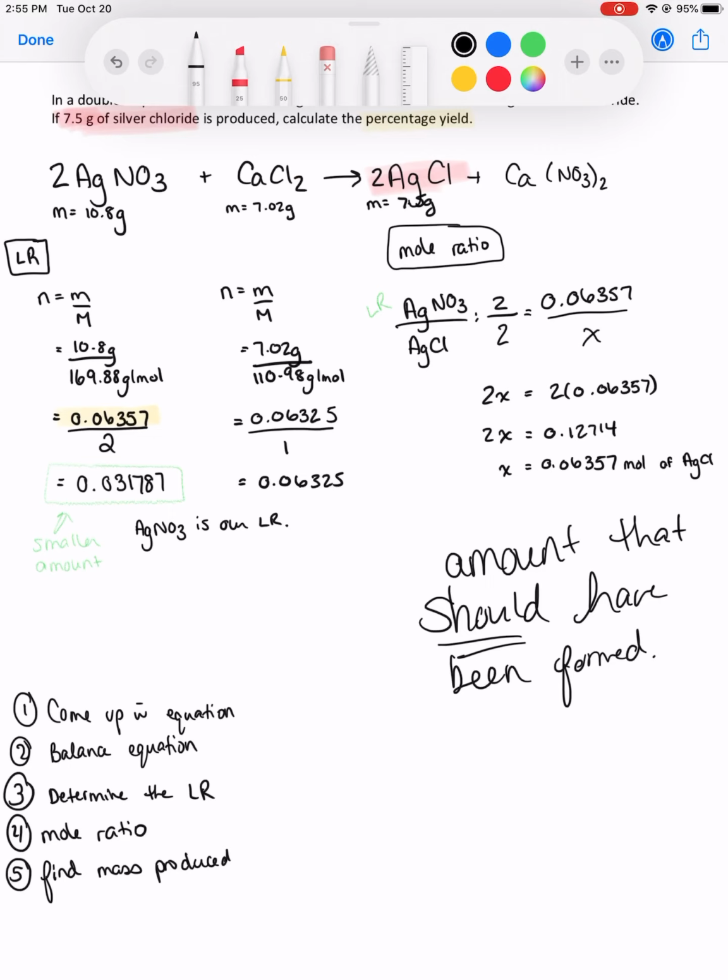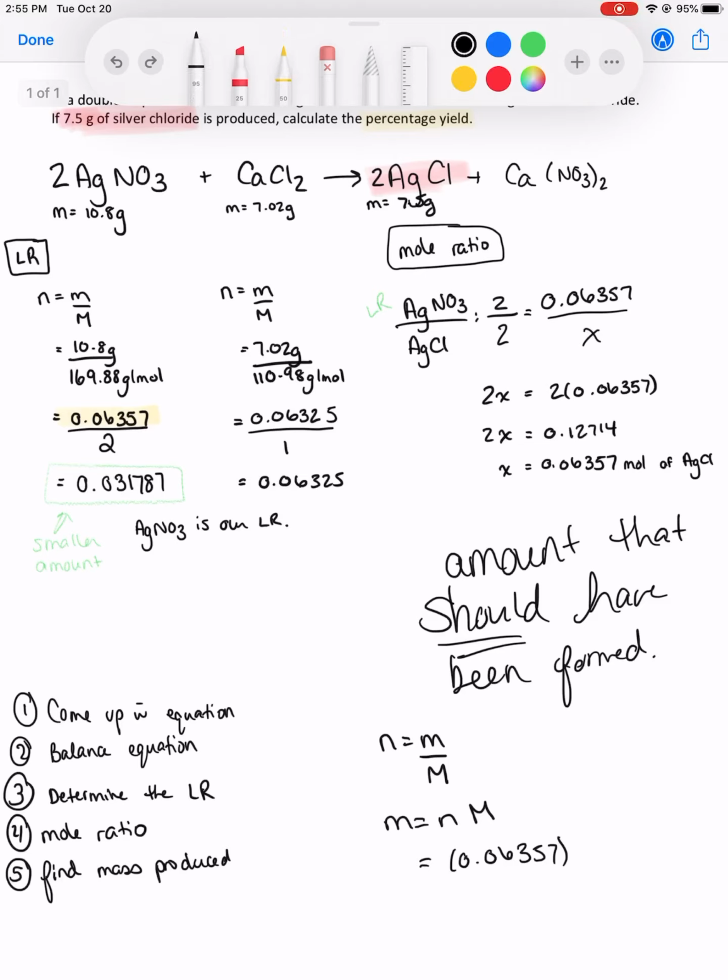So we're looking for mass, so n is equal to m over M. We're going to rearrange this equation. The moles is 0.06357. Okay, that came from here.